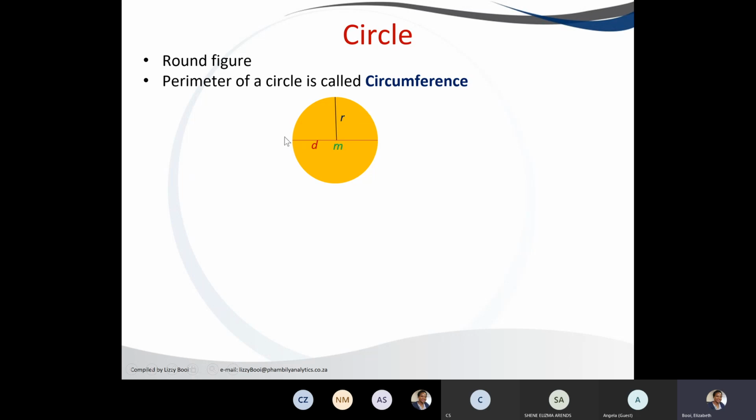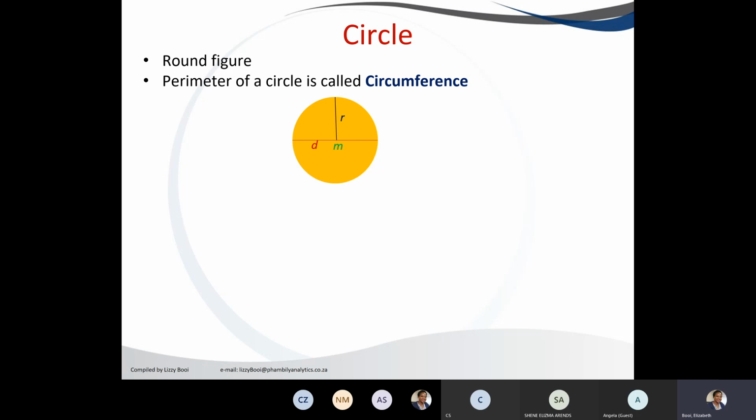We call where it goes from one end to the other a diameter. And a diameter is made up of 2 points, with the middle of the circle, which we call the midpoint, breaking the circle into half.